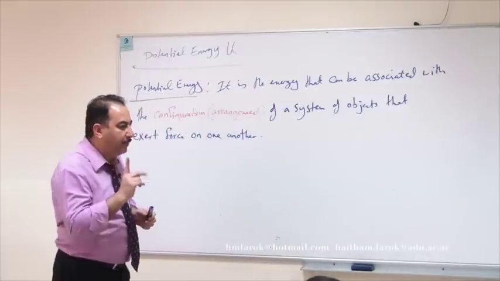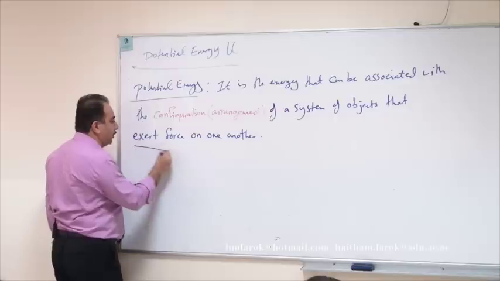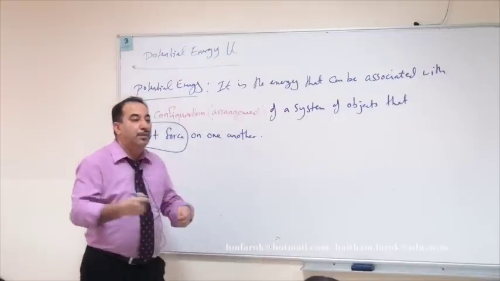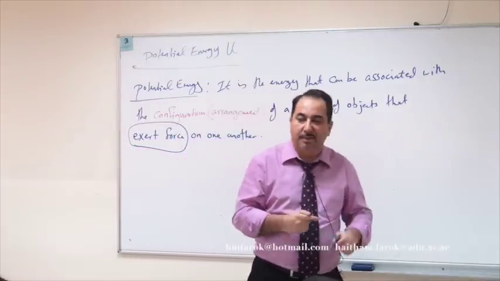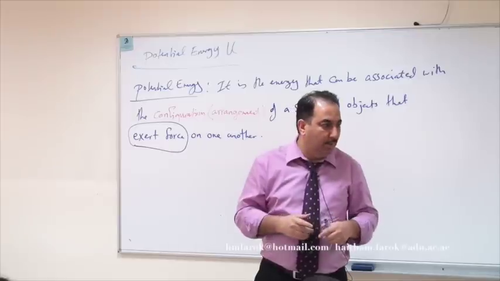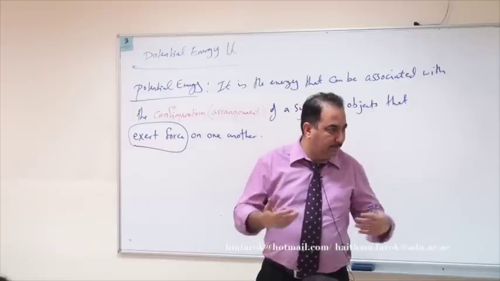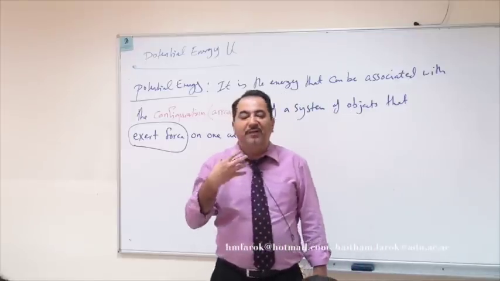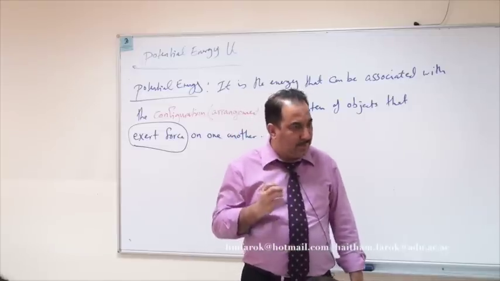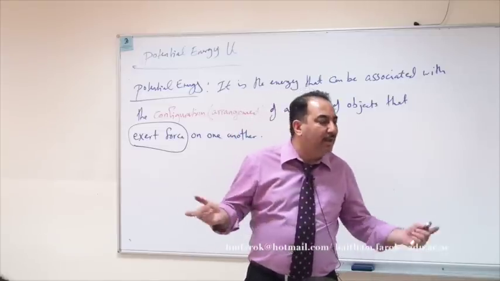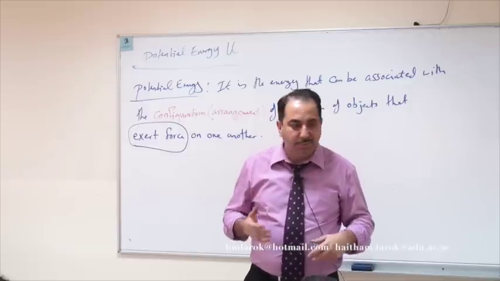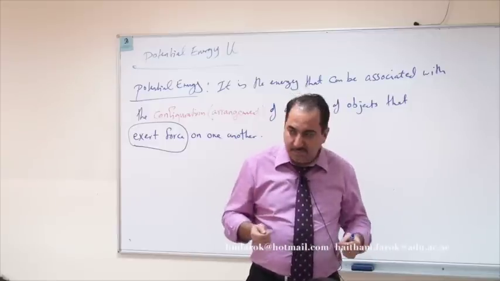But this is not enough. Condition number two, force exerted among the objects. So whenever you have a system of masses, objects, definitely you have forces among them. Why? Because when you have masses, you have a gravity force.